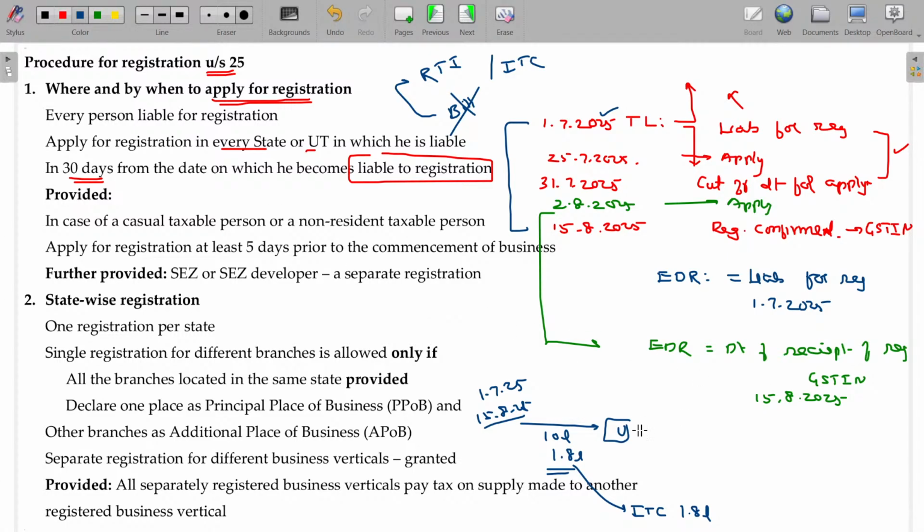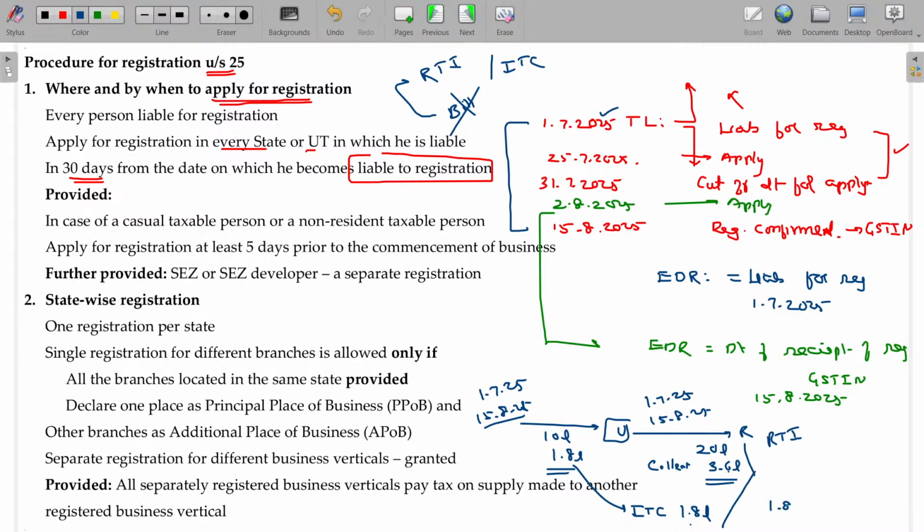And the supply done by you during that period, 1/7/25 to 15/8/25, say 20 lakhs and applicable GST being 3.6 lakhs. For this you can issue the revised tax invoice and you can collect the 3.6 from the customer. The 1.8 lakhs paid on purchase can be credited in your electronic credit ledger.